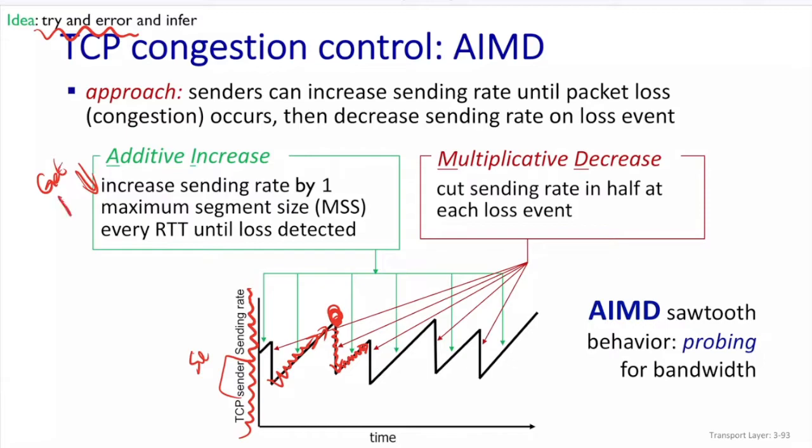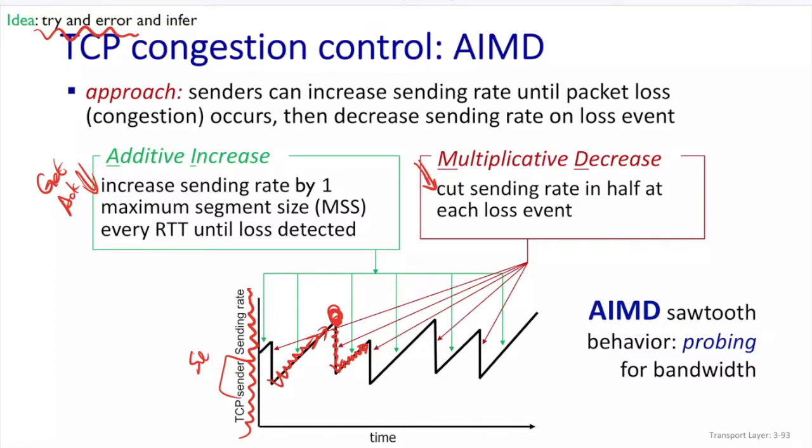Every time you get an ACK, you increase your sending rate by 1 maximum segment size every RTT, which means every round. We'll talk about it later too. This continues until loss is detected. And every time the sender experiences a loss, you cut your sending rate in half at each loss event.